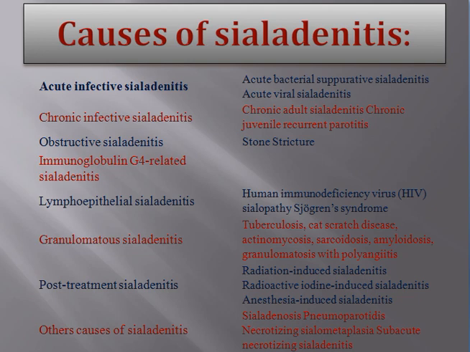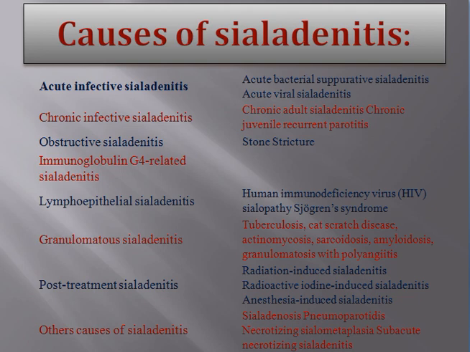This slide shows another type of classification of different causes of sialadenitis. The same: acute infective sialadenitis, chronic infective sialadenitis, obstructive sialadenitis, immunoglobulin G4 related sialadenitis, lymphoepithelial sialadenitis, and granulomatous sialadenitis.